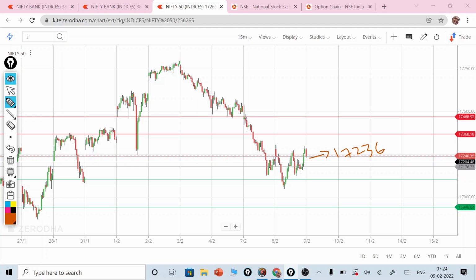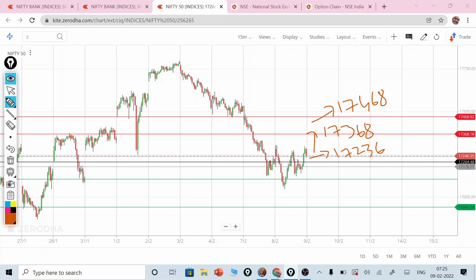So if we sustain above 17,240, the top central pivot, we can go up to a level of 17,368, and if this is convincingly broken and forms one or two green candles above it, we can have a level up to 17,468.